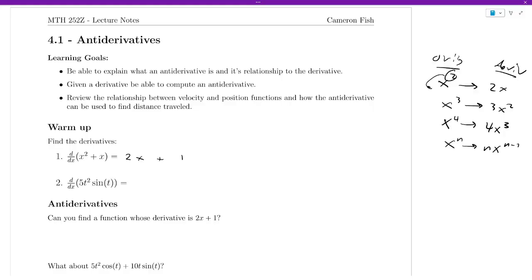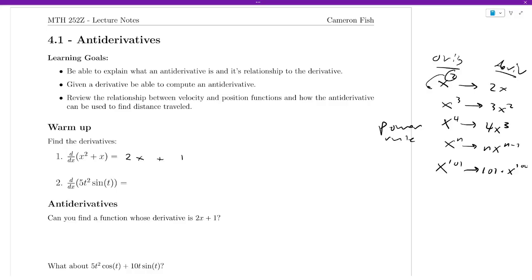If you want to write it for short, the n just means any number. So if I have x to the 101, that same number comes out in front, times x to the number subtracted by 1, so x to the 100. So we learned a bunch of derivative rules. This one is called power rule, and I'll summarize some of the rules on the next page.